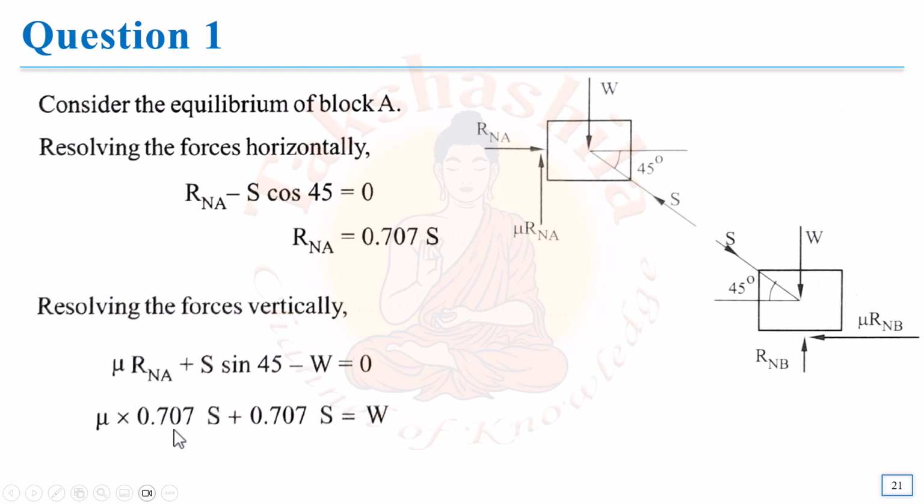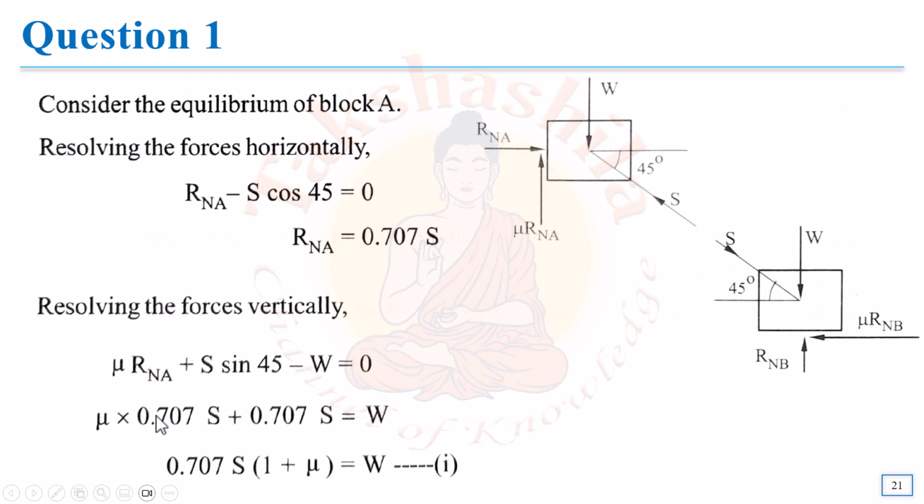So mu times 0.707 times S. How did I get this? This was obtained from the first relation. Then plus S times sine 45. What is sine 45? 0.707. So S times sine 45, and W is taken to the other side so that it will be equal to W.